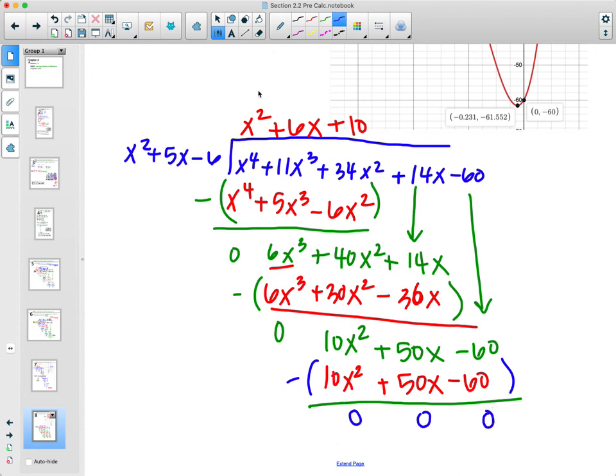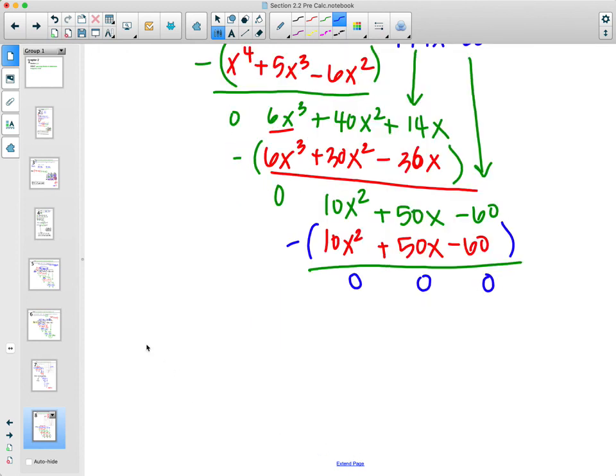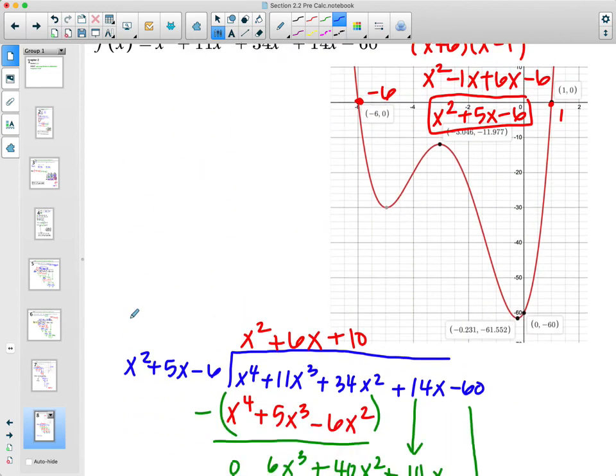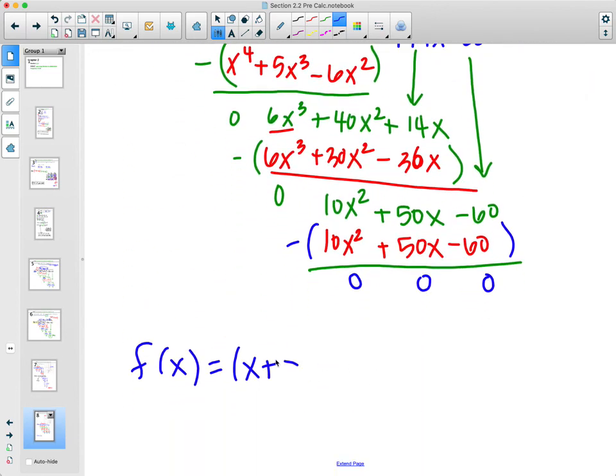Okay, so then you're left with this polynomial here. What you've done is you've gotten the first two factors out of there, which was x plus 6 and x minus 1, is what you just divided in.